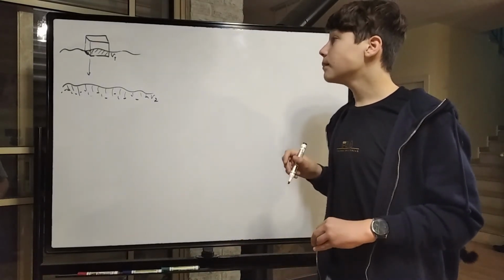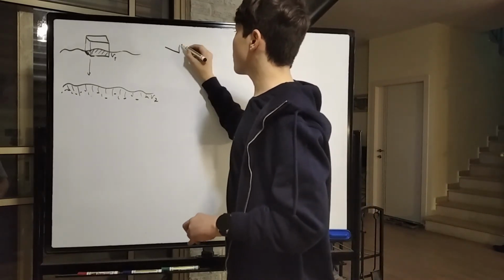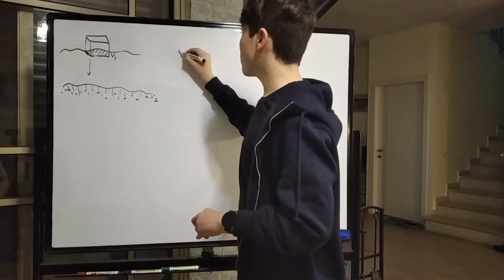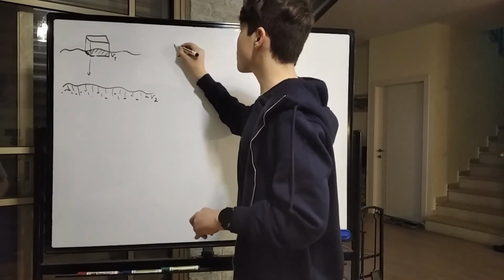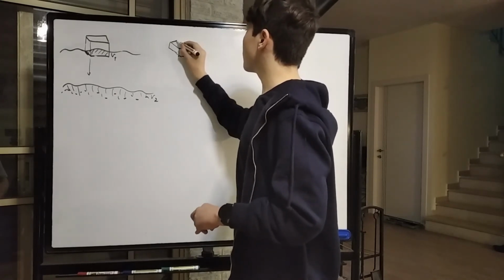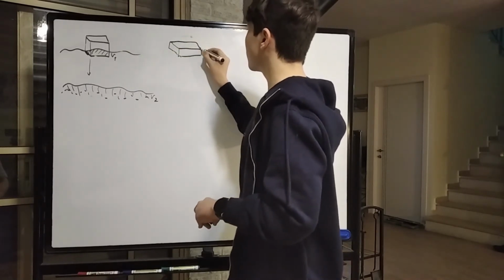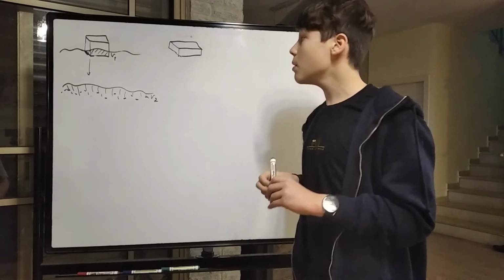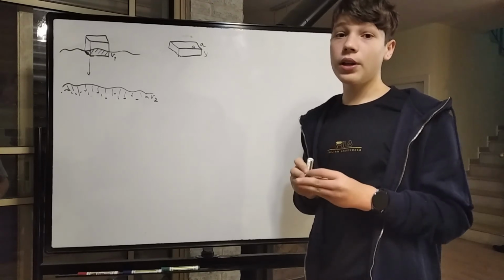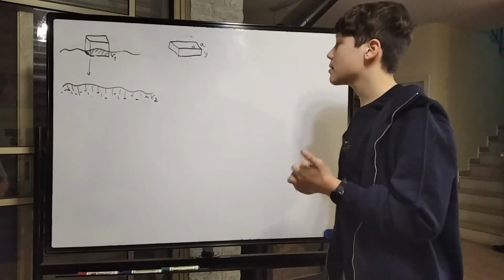So V1 is easy to calculate. We know, like before, it's a part of the cube when this length is y, this a, and this is a. And we already know what y needs to be for this ice cube to stay in place.